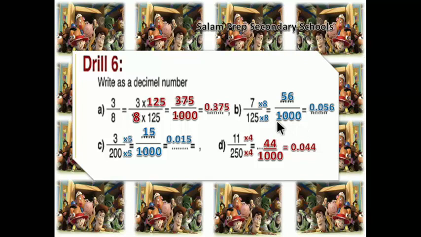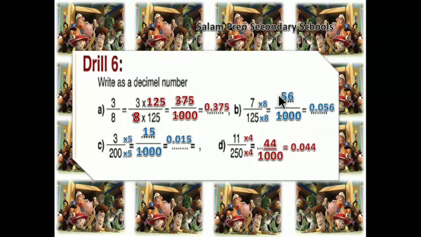1000 means in the decimal part we have tenths, hundredths, thousandths. You must write 6, okay, in the thousandths, and then 5 in hundredths.